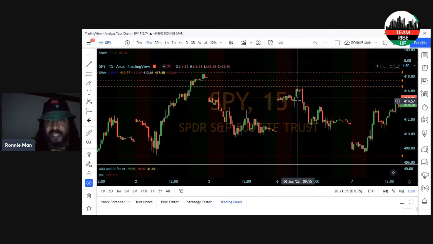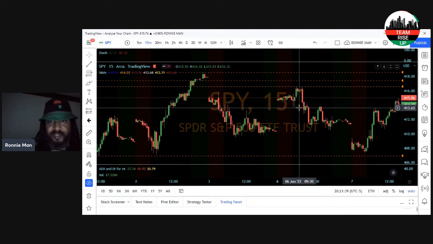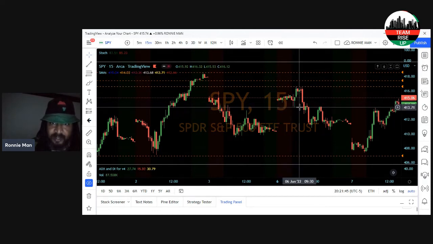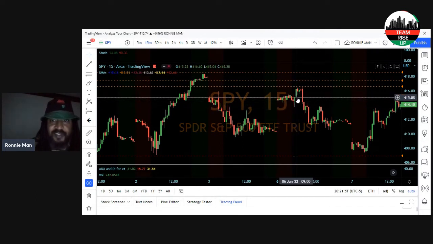The very next candle has a big bottom tail, right? Meaning, in other words, it's a lower low, but they push price up. Got a nice wick bottom tail on it, and we close right here.